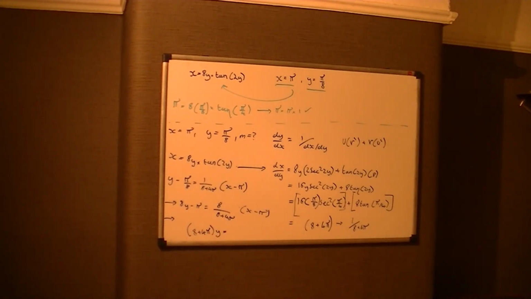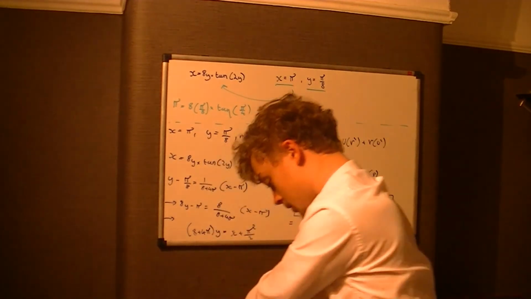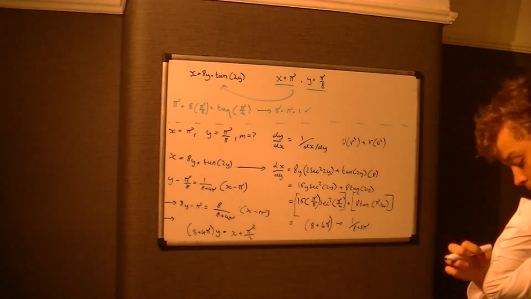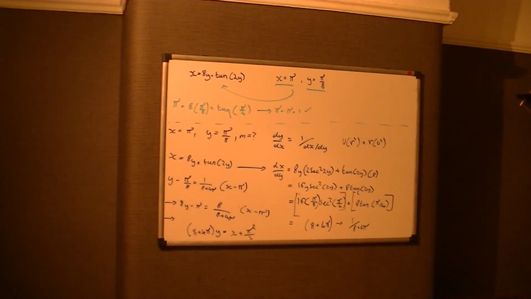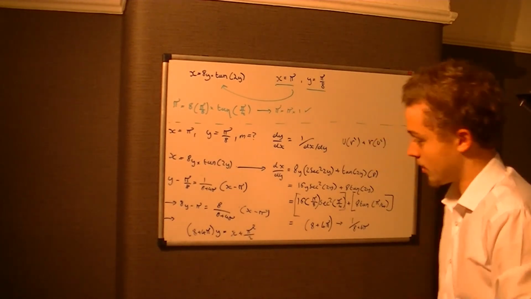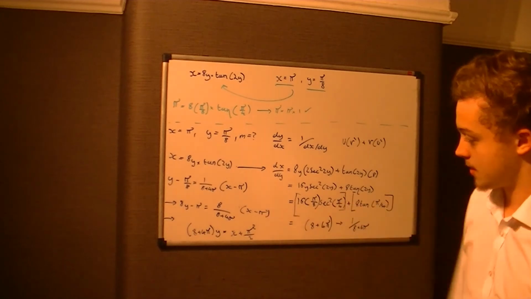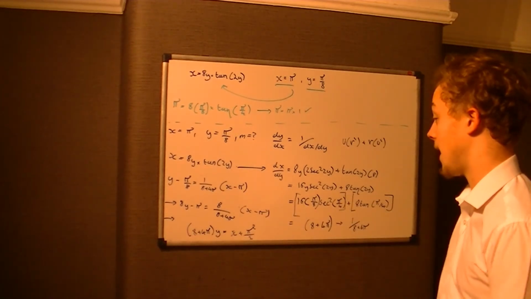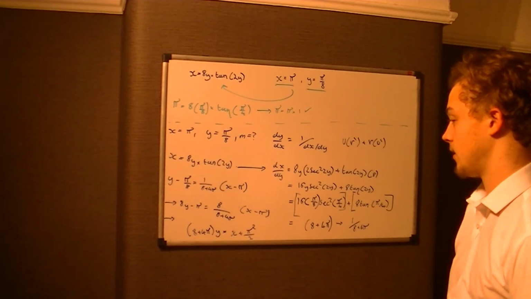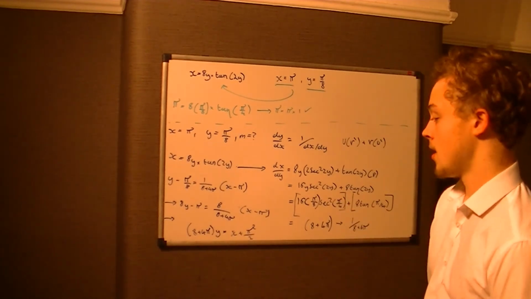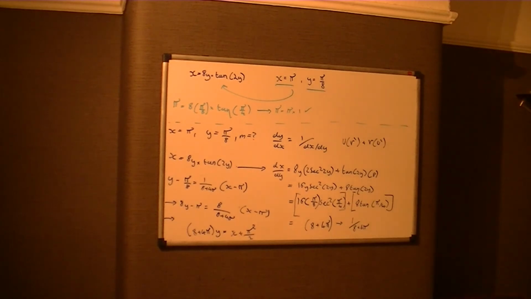So that equals x plus pi squared on 2. Right, so what they did was times both sides by 8 plus pi on 4, and then simplified it down to get 8 plus 4 pi times y equals x plus pi squared on 2.